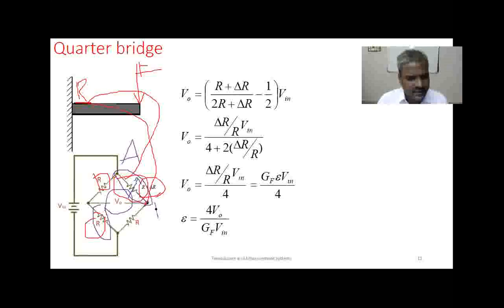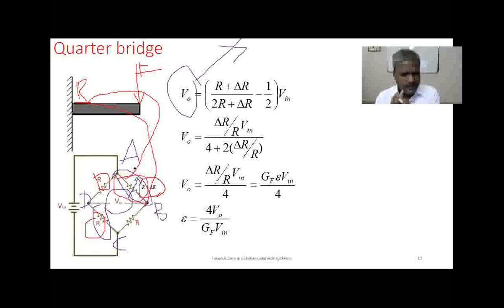Let us mark the nodes as A, B, C, then D. So V naught is either VAB minus VAD or VBC minus VDC, either the difference between the two upper arms or the difference between the two bottom arms.